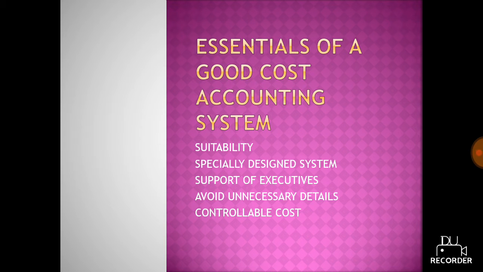The executives who are working should be frequently communicated with various departments, and every department should participate in it and communicate information about the wastage, normal usage, and all other matters day to day, which is very important for successful running of a good cost accounting system.